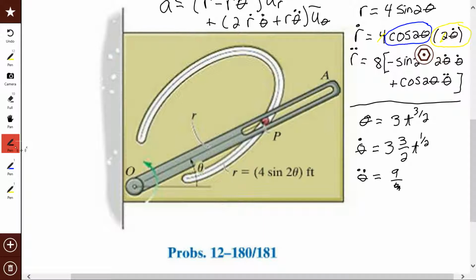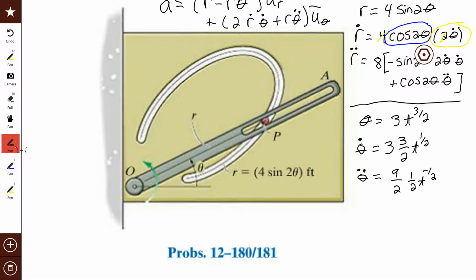Oops, excuse me, 9 over 2. Let's see, we'll erase that. Oops, 9 divided by 2. Now taking a derivative, I'm going to bring the power down. T to the power minus 1. And so there's the derivative.